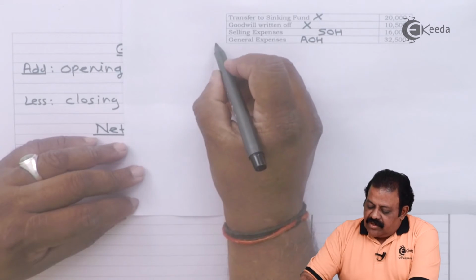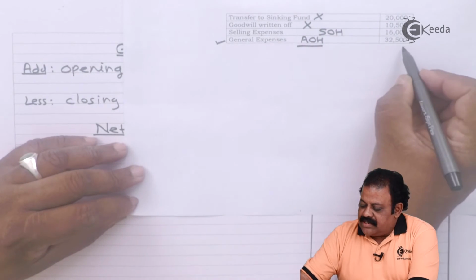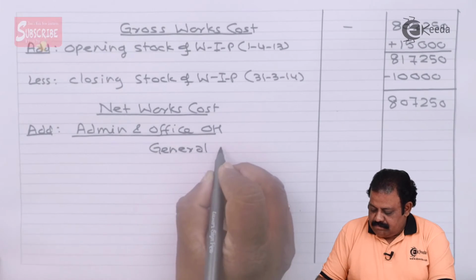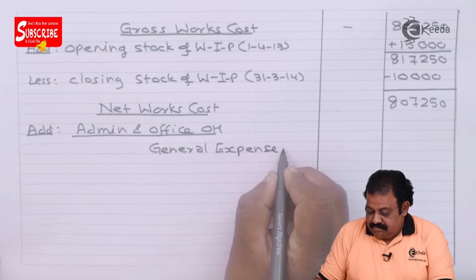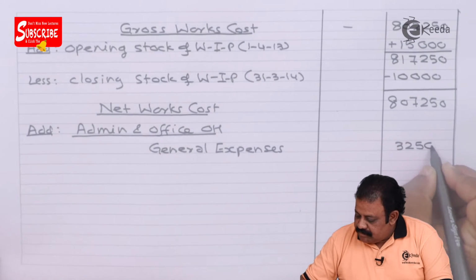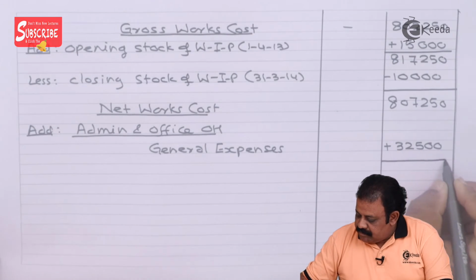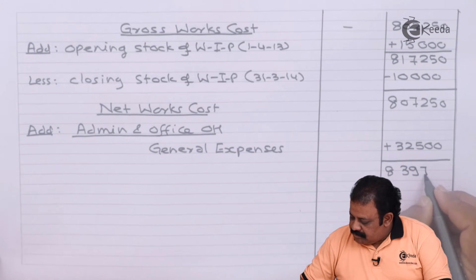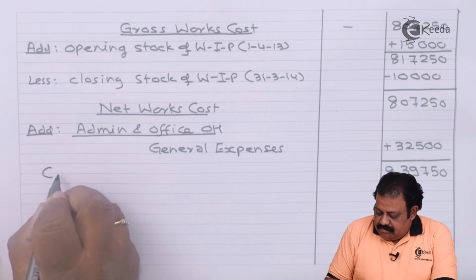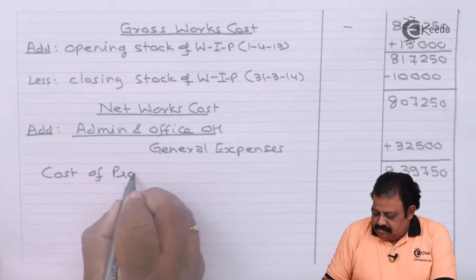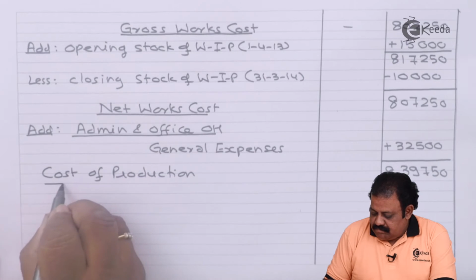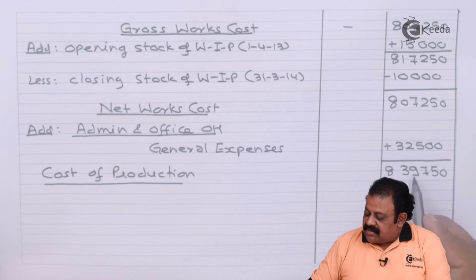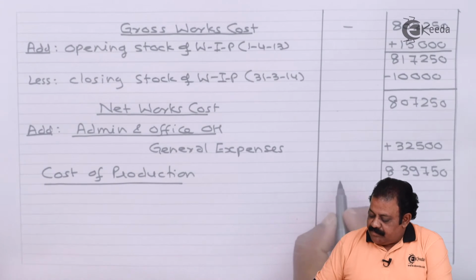We have item general expenses, which is administration overheads 32,500. So we got cost of production 8,39,750.